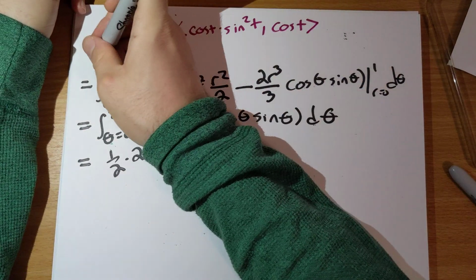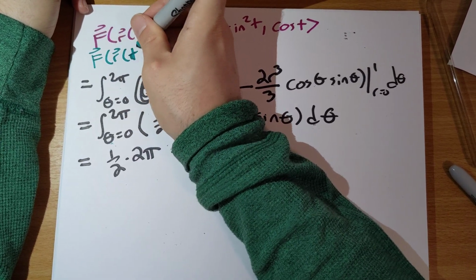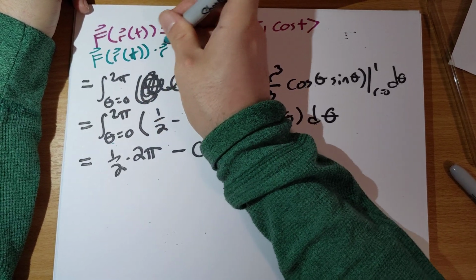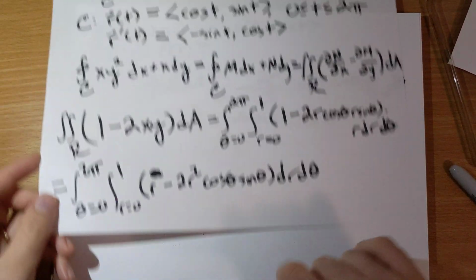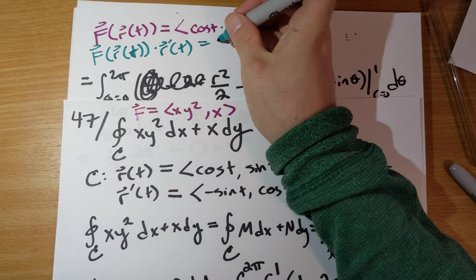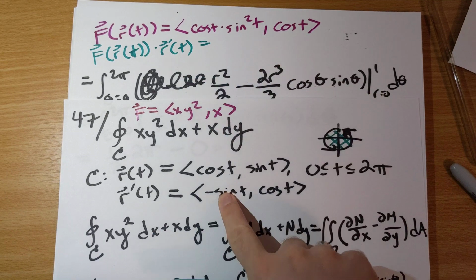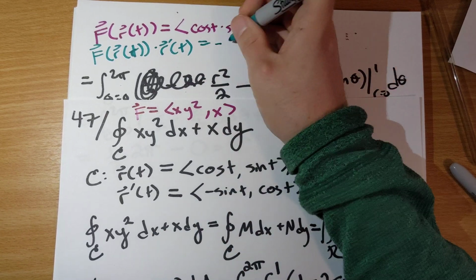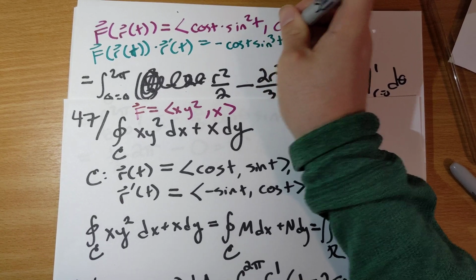And then we also are going to need f of r of t dot product r prime of t. So this dot product with this right here. So cosine t times sine squared t times negative sine t is negative cosine t sine cubed t.